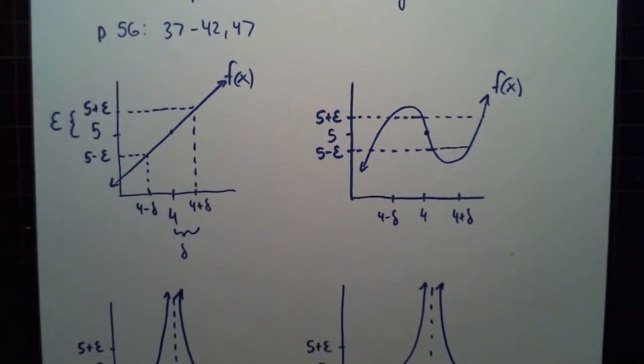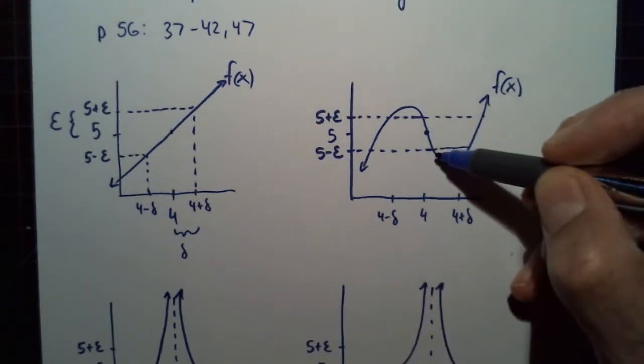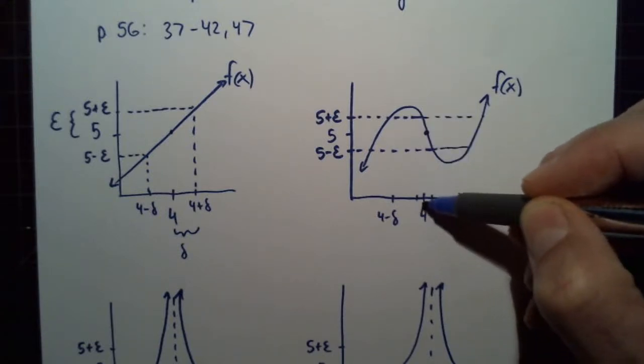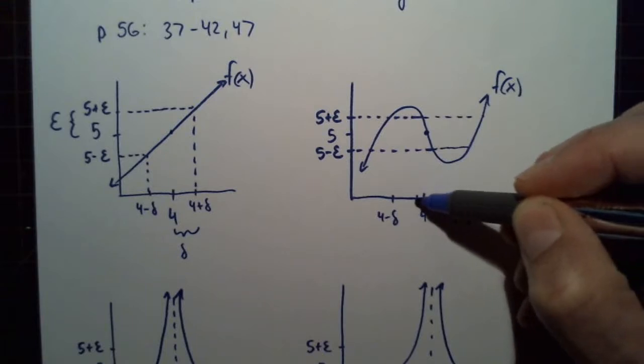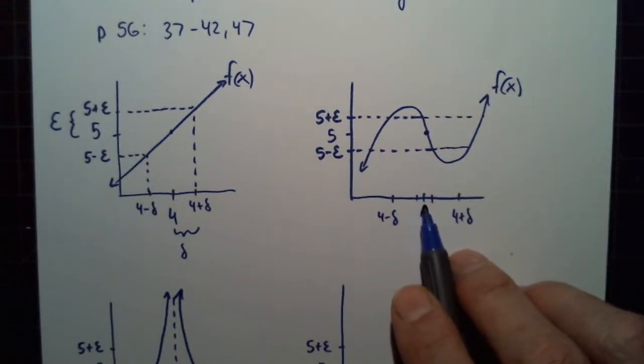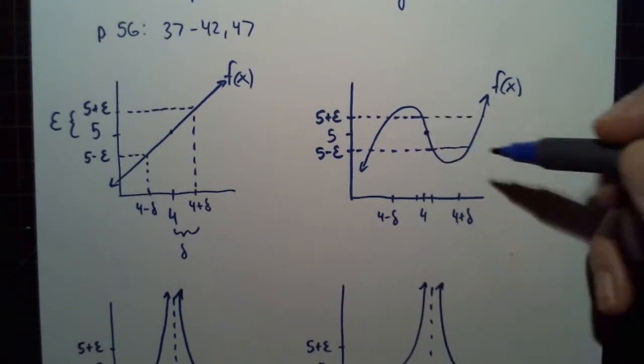Now, if we chose delta to be smaller, then we could say that maybe if delta was right there, we went up that amount and down that amount, then we could say every x value within this delta is going to be within epsilon of 5.